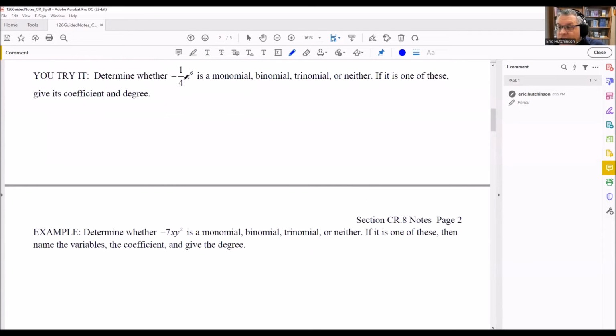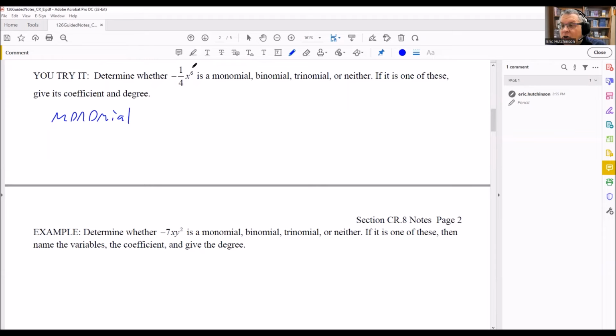This one has a 6 as the power. Now there is a fraction, but the fraction is not part of the exponent. And so that's okay. So in this case, it's a monomial again, because there's only one term. Again, how you know there's one term? There's no plus or minus signs with something else after it. There's only one thing here. So that's why we say it's a monomial.